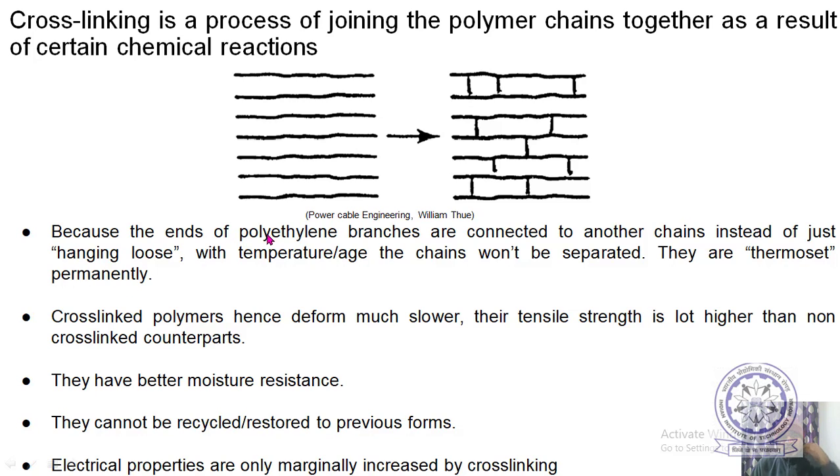So, because the ends of the polyethylene branches are connected to another chains instead of just hanging loose, with temperature age, the chain won't be separated. So, the chain will be more rigid. They are actually thermoset permanently. Even if you heat it up, these bonds cannot break, and then it is thermoset. Once they are made, then they will be more or less permanent, and if it is thermoset, then you cannot use this material for recycling.